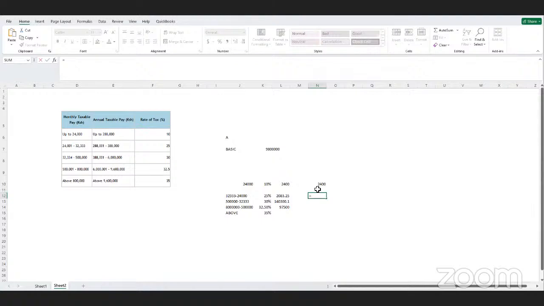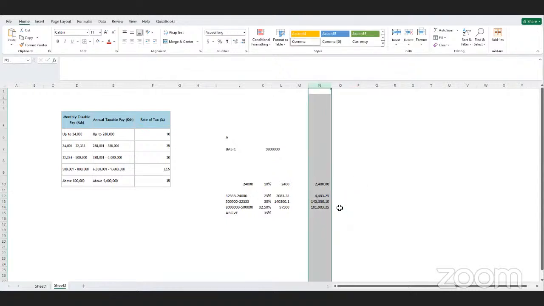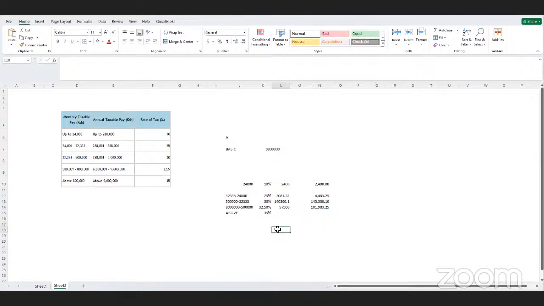Drag it down. Up to this point, the cumulative pay is 101,983.25. So from 0 to 800,000, you will pay 101,983.25 before the relief.